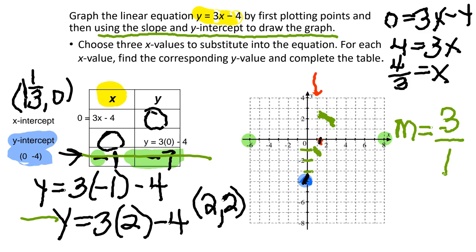But notice what happens if I go from this place, 1, 2, 3, I hit this point. This goes this way.